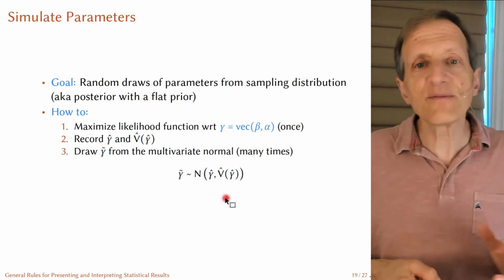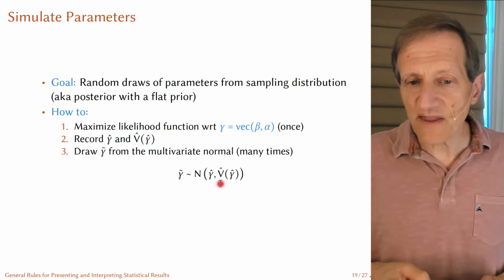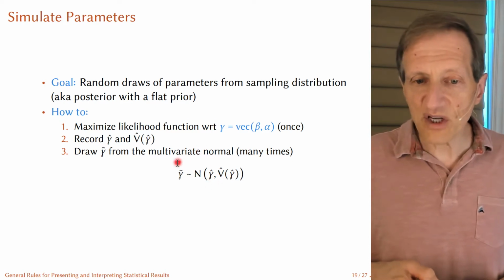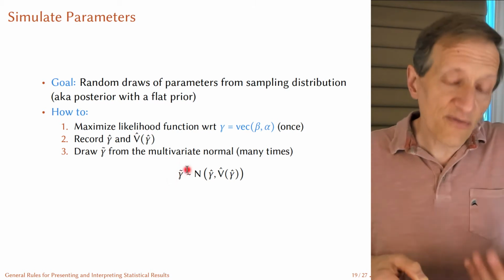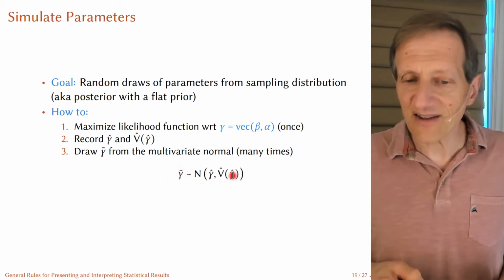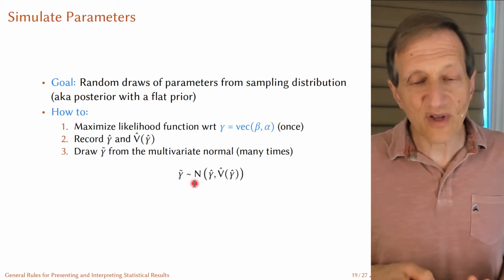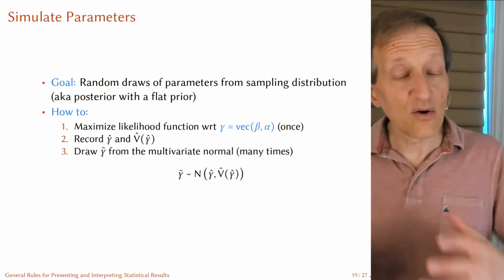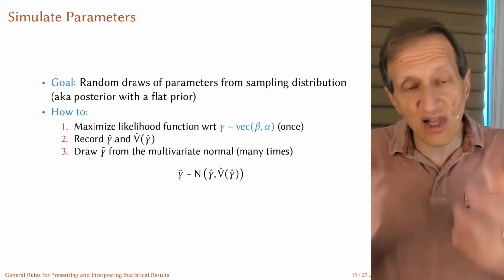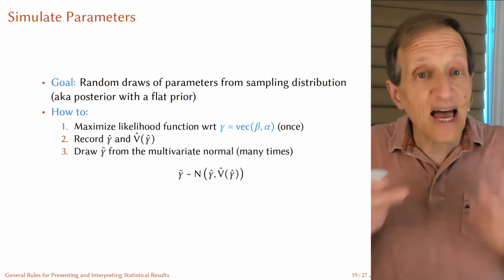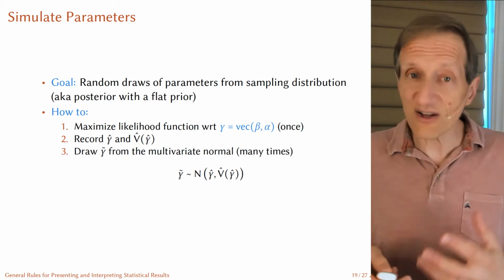If we knew the estimated parameters exactly, then this variance would be 0, and when we drew the simulated parameters, they would always be exactly the same. But of course, it's never going to be exactly 0. And so when we draw the simulated parameters, they're going to vary. The parameters that vary the most are the ones we know the least about.